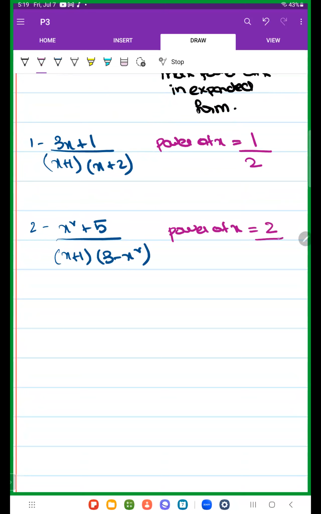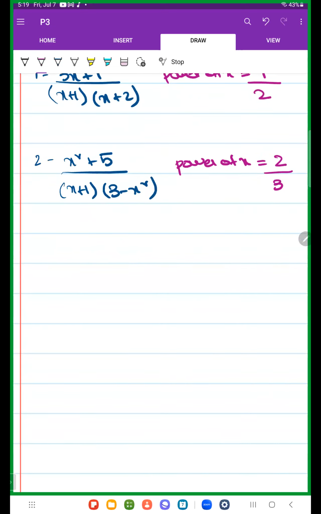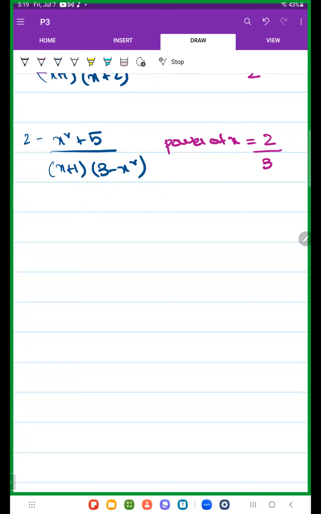And what is the power of x in the denominator if I expand it? 3. So this is a proper fraction because the power of the numerator is smaller than the denominator. For proper fractions, you apply the partial fraction forms directly.